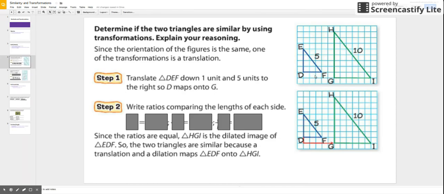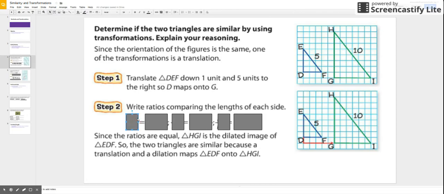So let's start. We're going to map this vertex, angle D, onto angle G. We're going to translate it by going 1 down and then 1, 2, 3, 4, 5 to the right so that D maps onto G. Now you're going to write the ratios that compare the lengths of each side.